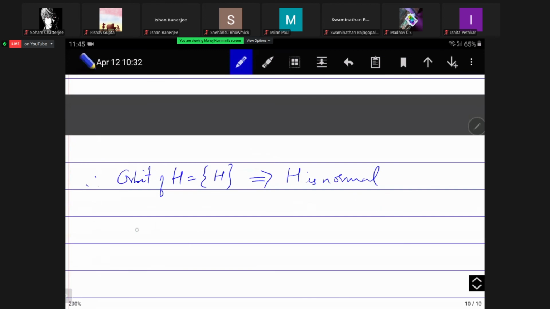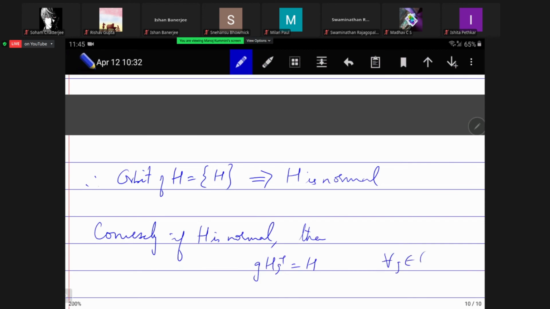Conversely, if H is normal, then gHg inverse is H for all g inside G. But this is exactly the group action.